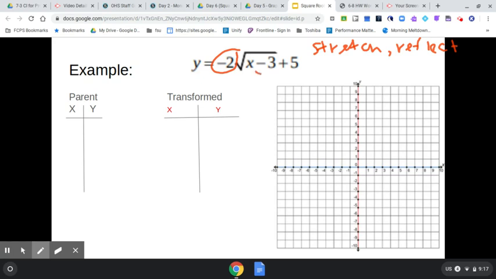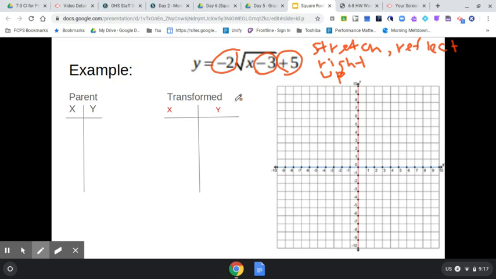The next value that I see is -3. Remember, this is the opposite sign. So instead of moving left 3, the graph is going to move right 3 units. And then the last number that I see is the +5. That is going to move the graph up. So both the -2 and the 5 are going to affect the y value.